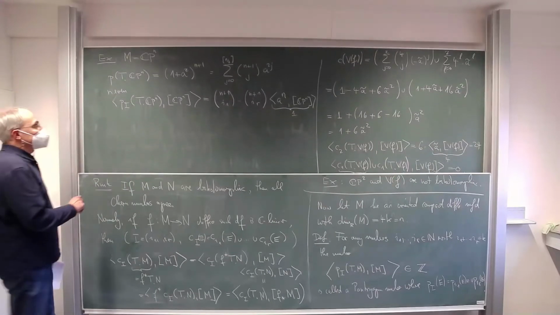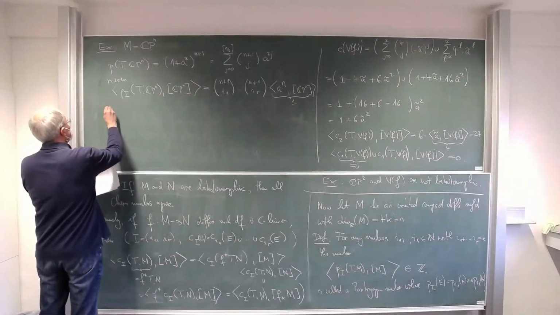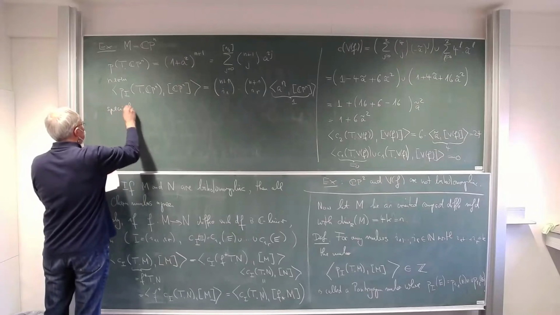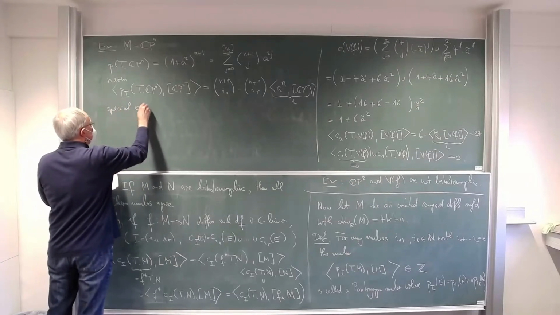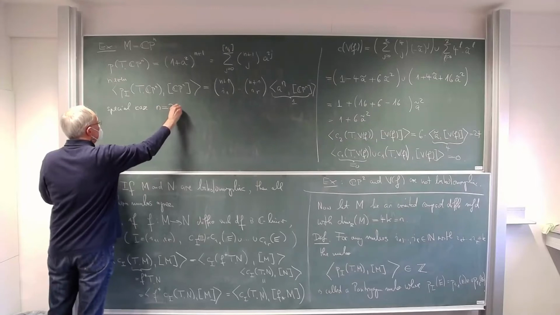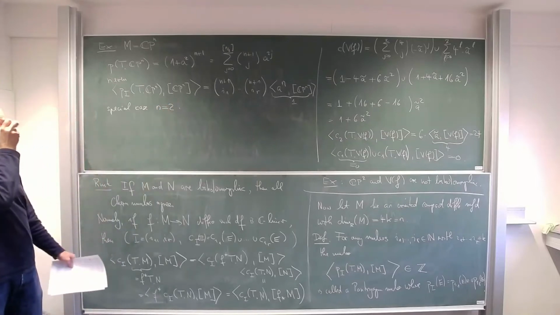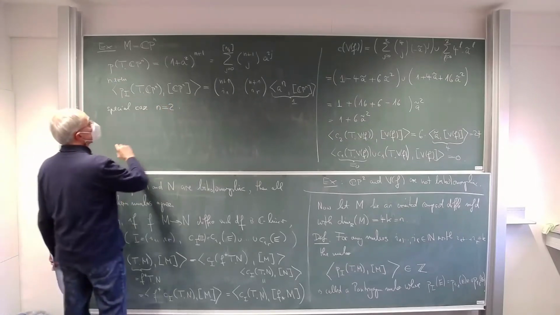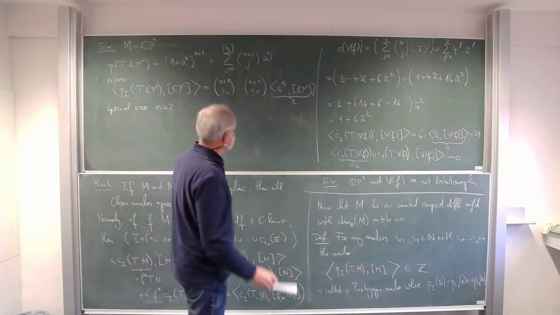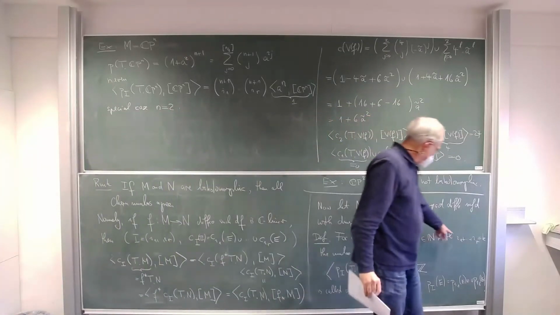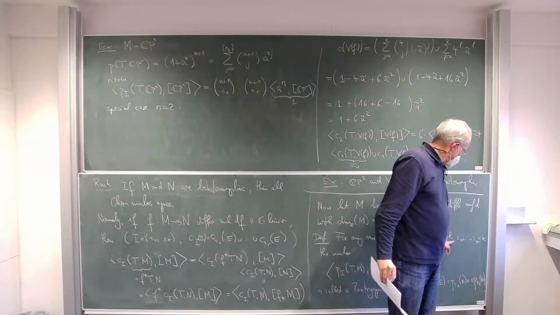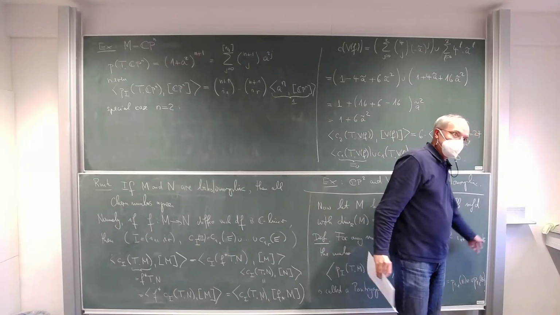In case of n equals 2, let's look at the special case again. We have only one Pontryagin number, namely, in this case, k is equal to 1 now. So the only possibility is 1 equals 1 here.